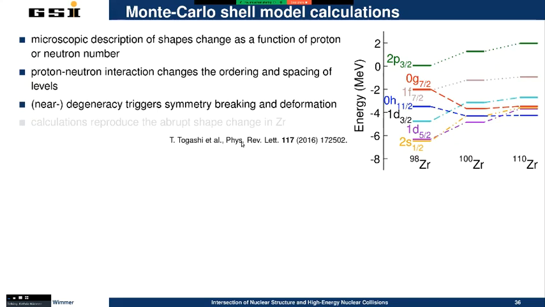And in these Monte Carlo shell model calculations, the authors can calculate this transition from zirconium-98 to zirconium-100, and this onset of deformation is interpreted as coming from the near degeneracy of the levels, which triggers the symmetry breaking and deformation in the nucleus.